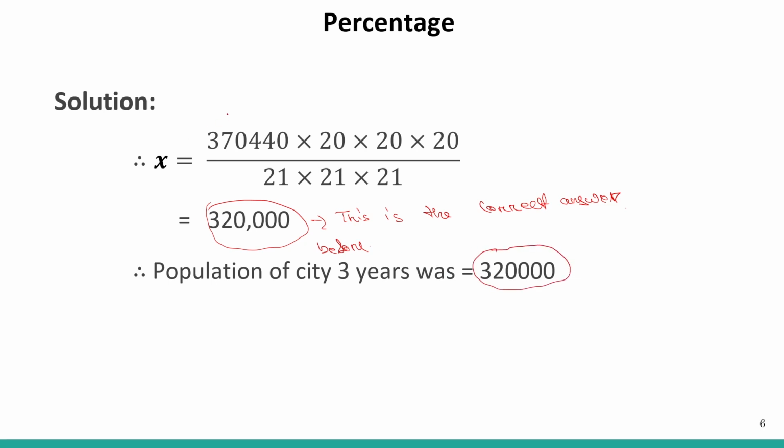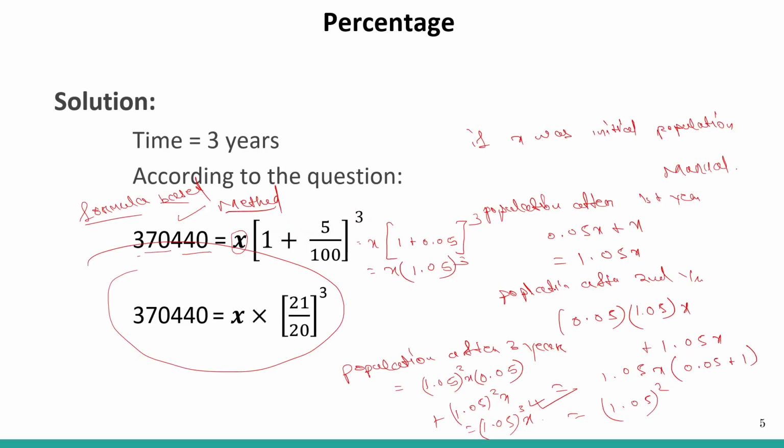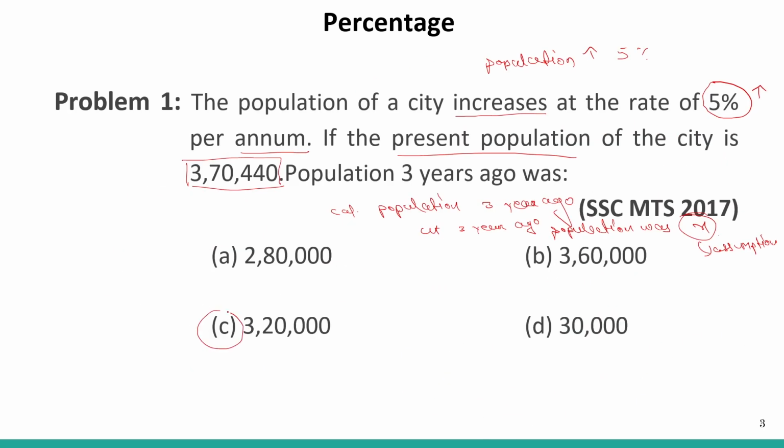That is why after a 5% increase in each year, the population after 3 years became the present 3,70,440. So the only correct option among these is 3,20,000, and all the others are wrong.